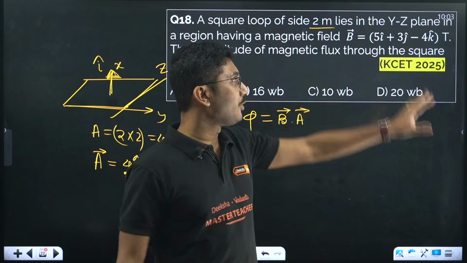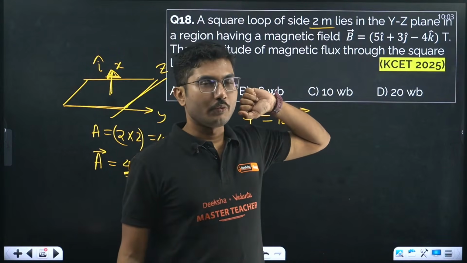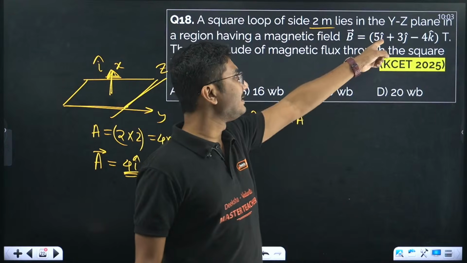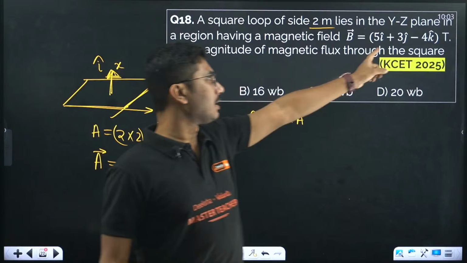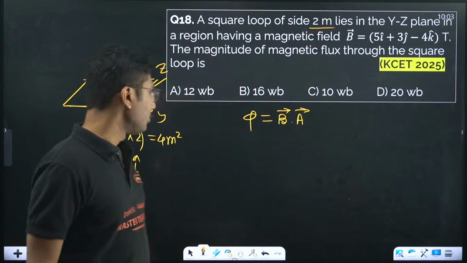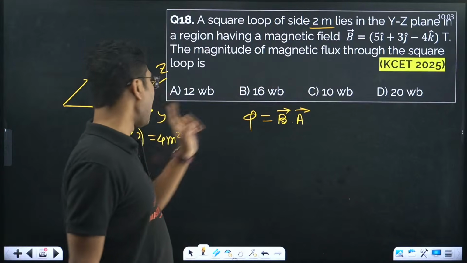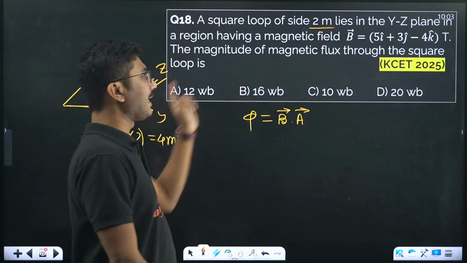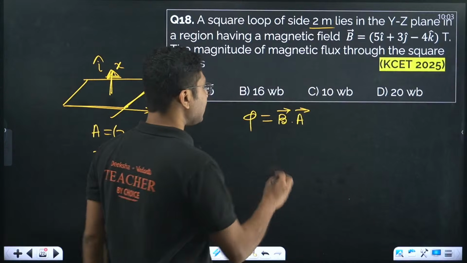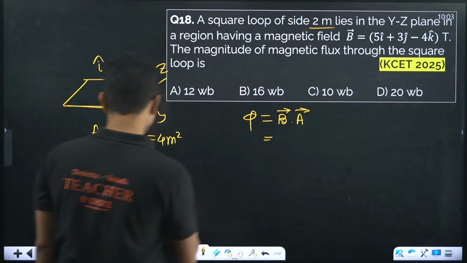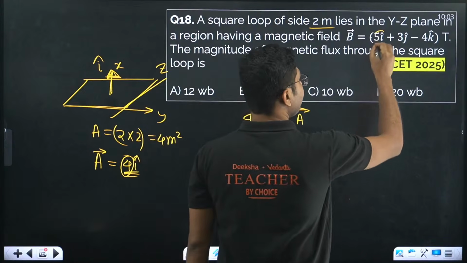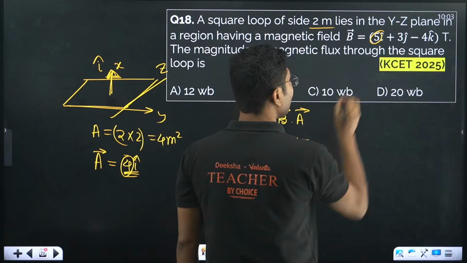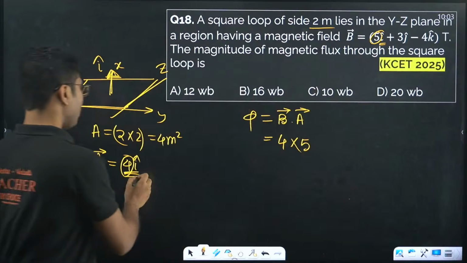So we don't need to write the entire thing. When we are doing a dot product, only similar vectors multiply, and all other combinations become 0. So i dot i is 1, i dot j is 0, i dot k is also 0. So B dot A will give you this 4 into this 5, since both of them have i cap.